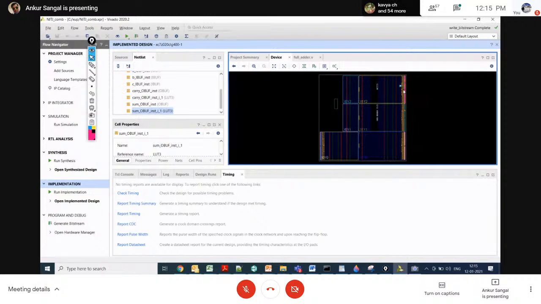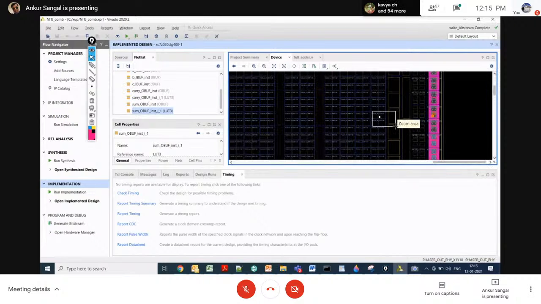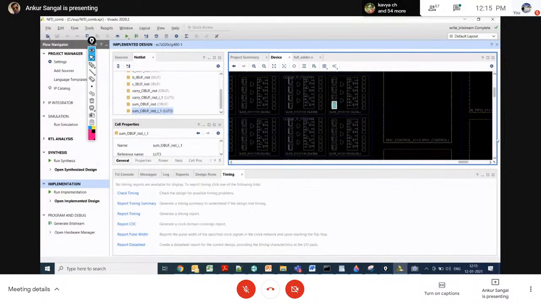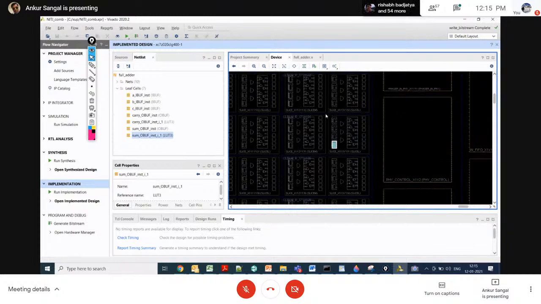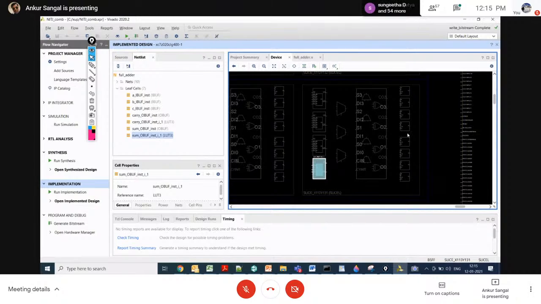So it is available in this region. In the slides, I have already shown you the same image. This is your flip-flops, this is your LUT, this is the slice diagram.